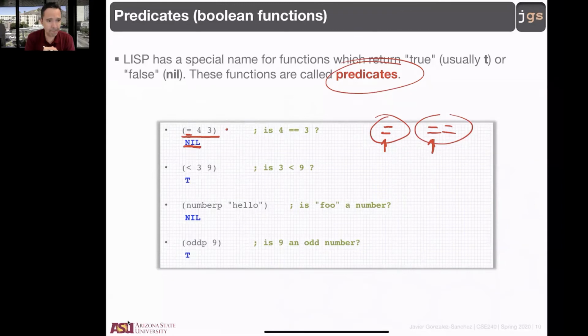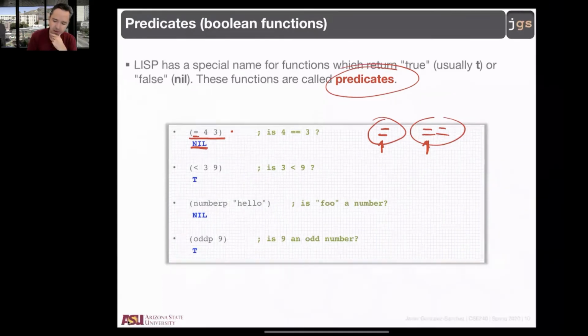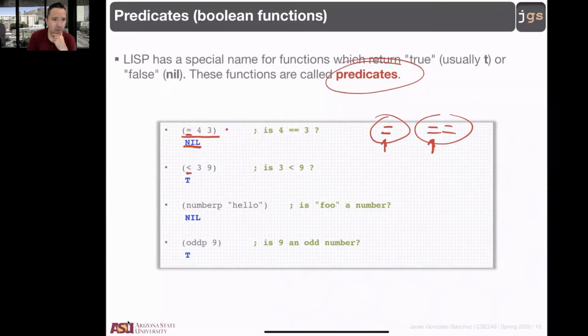Anyway, nil. Similar thing with the other relational operators: lower than, greater than, lower or equal, and so on. They are function names. They receive two parameters. They return true or false, t or nil, t in uppercase also, to indicate that, yeah, the 3 is lower than the 9. Predicates, functions, not operators. We do not have operators here.